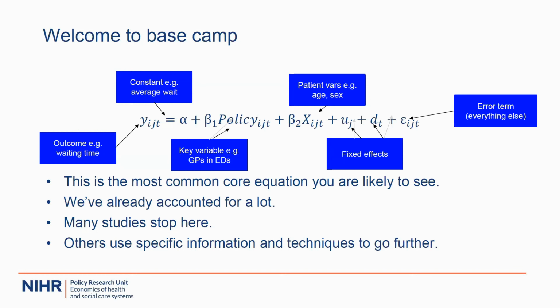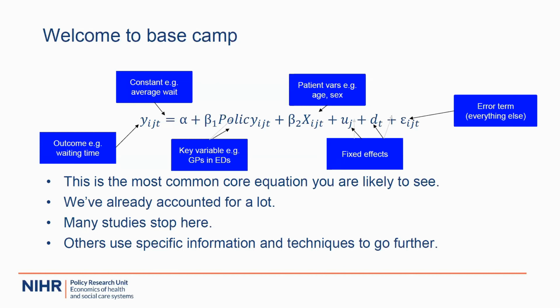We've got things which are common across time and across patients, common experiences of patients going to a particular hospital, and anything which is changing over time, but is a common experience across hospitals and across patients. But this doesn't guarantee that we've captured everything that is important.